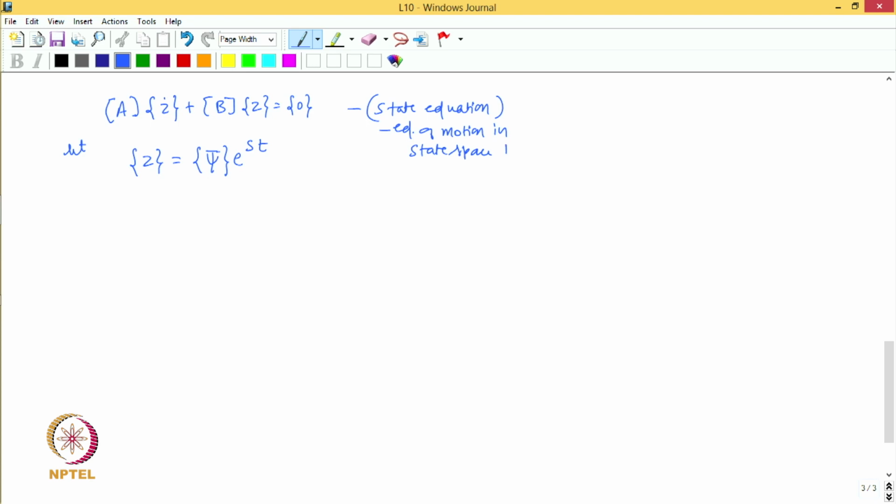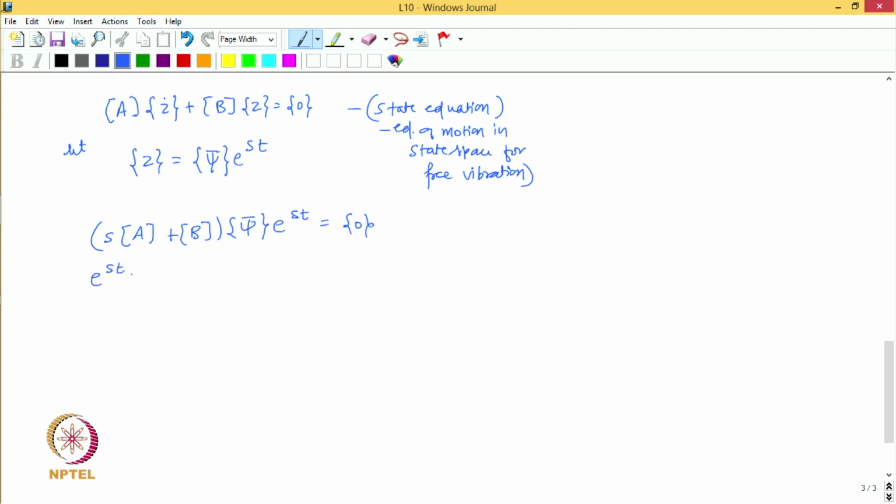And for free vibration, if you substitute this, what do we get? We get (A s plus B) into psi bar e to the power st is equal to 0.